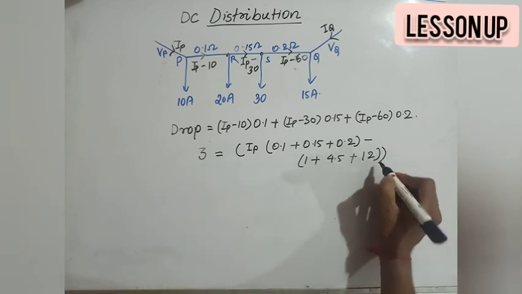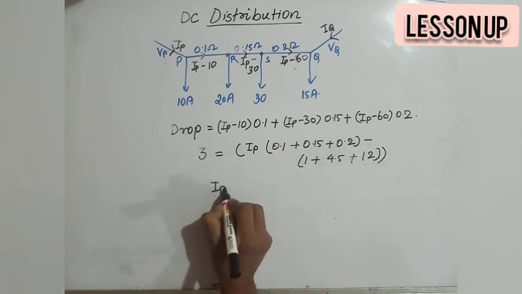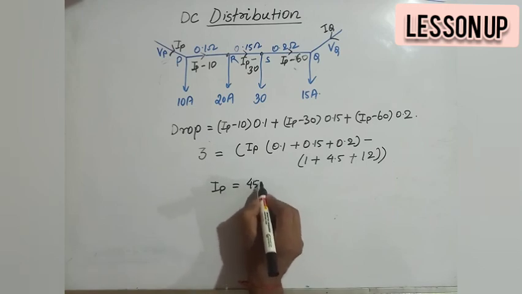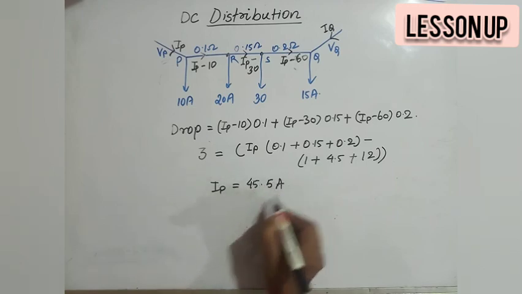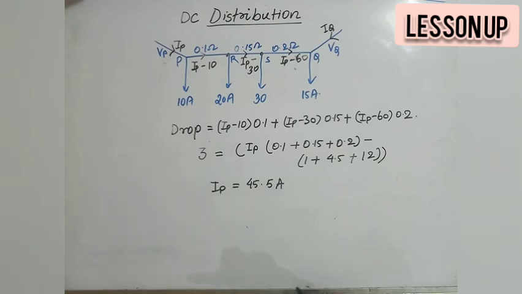So from this equation we will get IP. So IP will be 45.5 ampere. Okay.